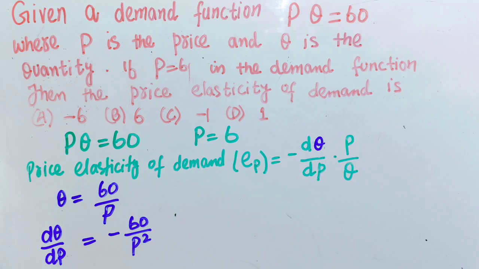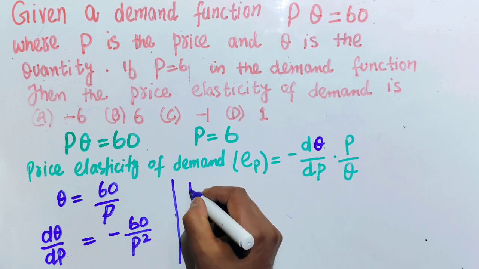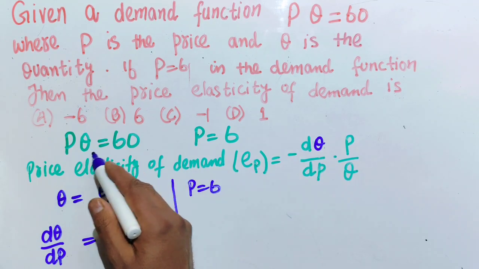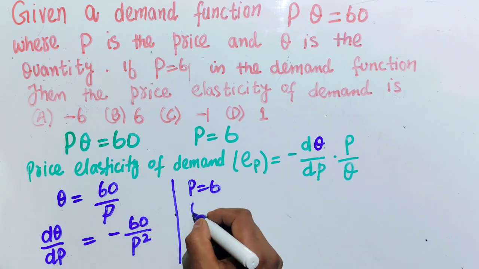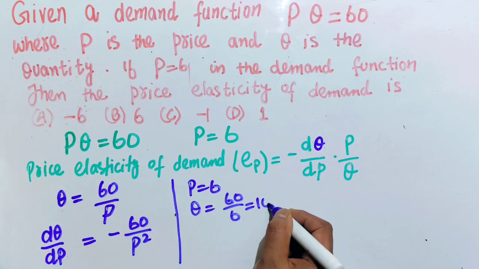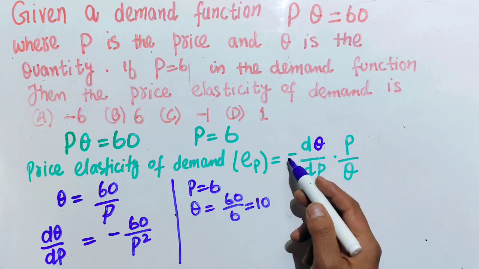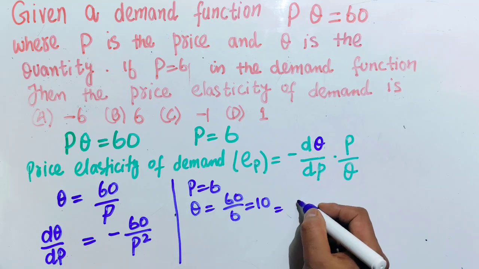Also we are being told when P is equal to 6, what is the quantity demanded? So when P is equal to 6 in this equation, quantity demanded will be 60 upon 6, which comes out to be 10.